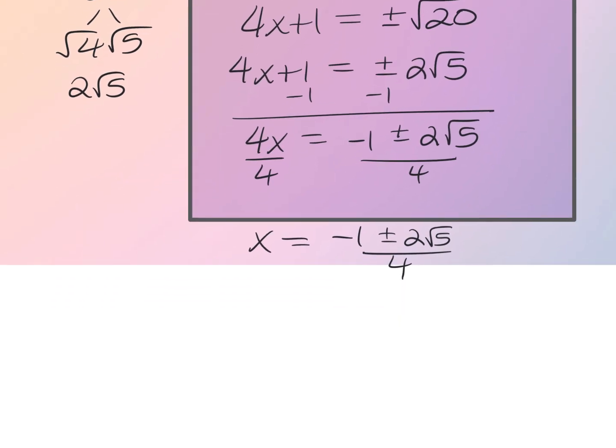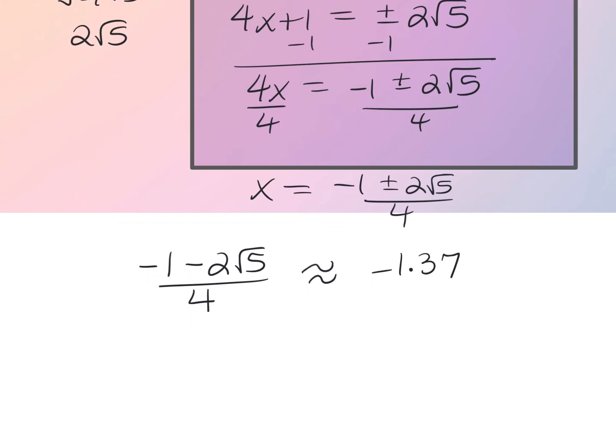So first answer would be negative 1 minus 2 square root 5 over 4. That's the exact. Approximate, negative 1.37. The positive value here with the plus sign, negative 1 plus 2 square root 5, divide by 4.